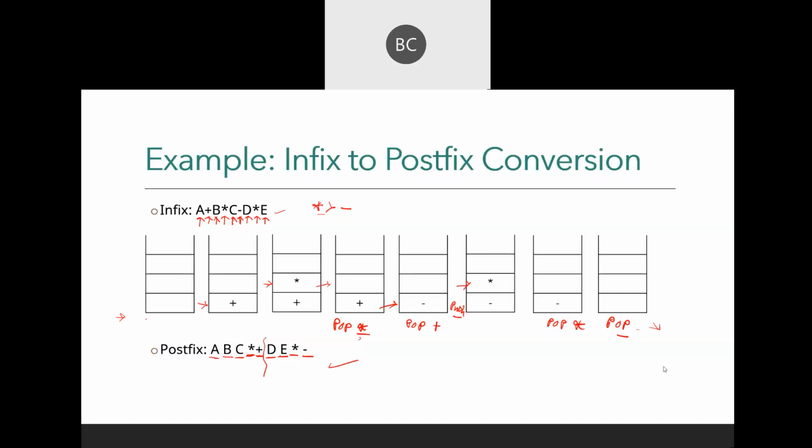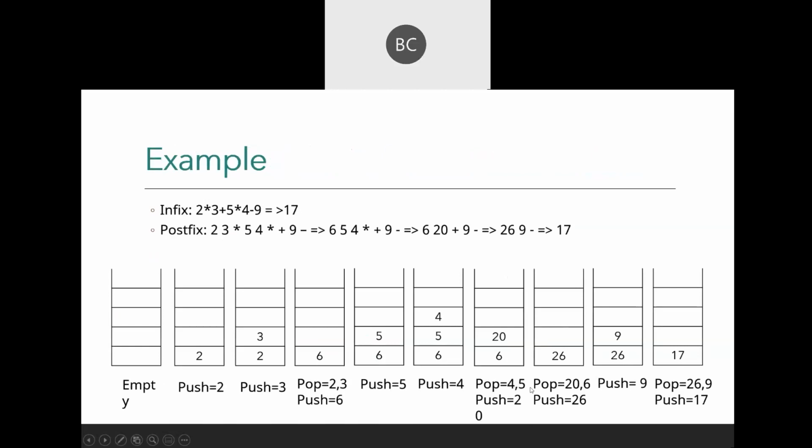This is just opposite of the postfix evaluation. In postfix evaluation using stack, we push the operands first. We read it one by one like this. Then whenever we see an operator, we pop out the top to perform the operation, then push the result onto the stack again, and so on.